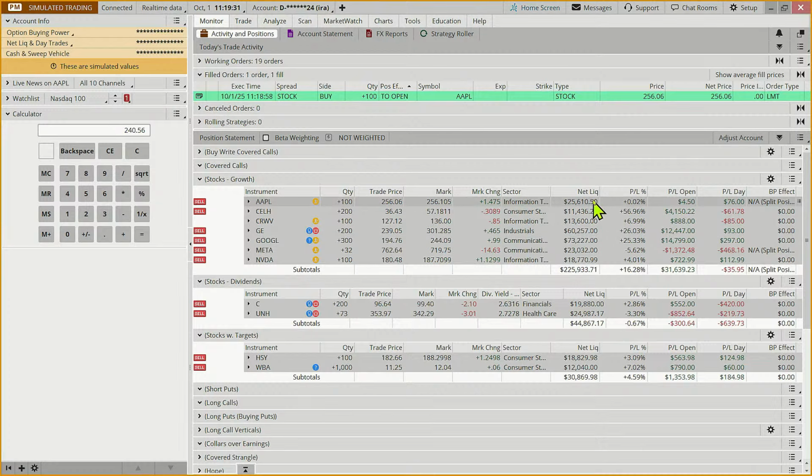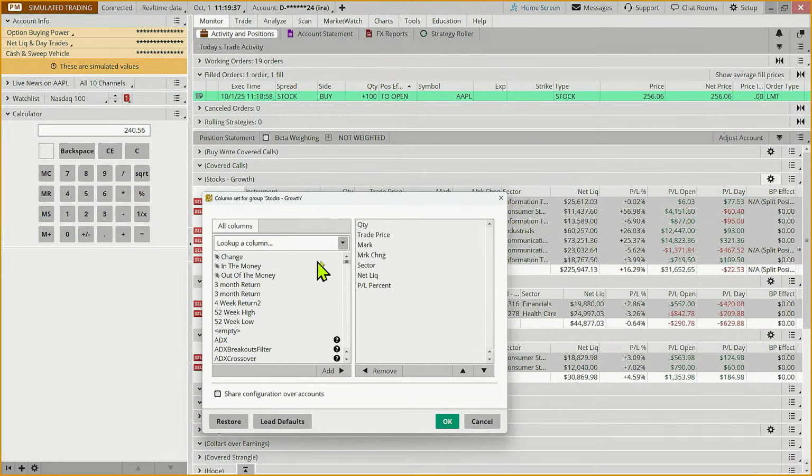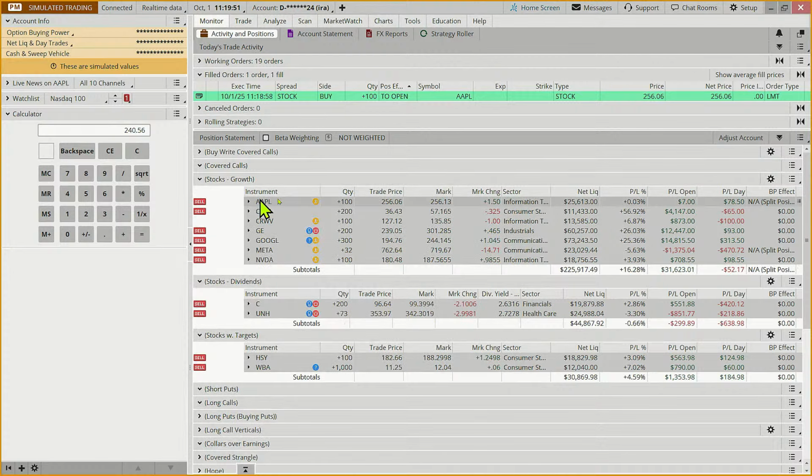Okay. And then I added sector also. And again, you just click on the sprocket and then you can customize it. I added profit and loss percentage, net liquidating value, and sector. Okay, so there's our Apple position.